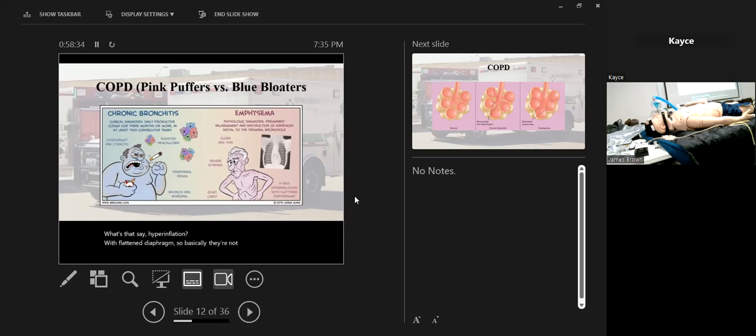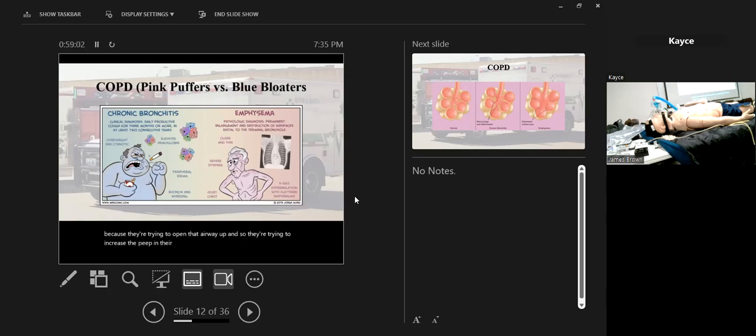So pink puffers. We know these people are going to be the emphysema patients because they're the ones that look pink on the slide, right? They usually have fleshier skin. You'll see these people when they're breathing out, they're doing the pursed lips breathing because they're trying to open that airway up, and they're trying to increase the PEEP in their chest.